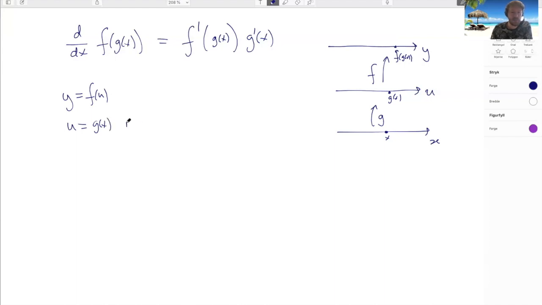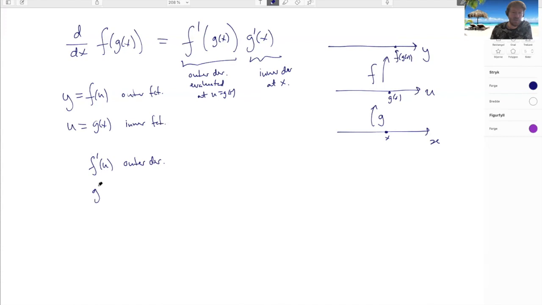So this is what I would call the inner function. This is the outer function. And likewise, this is what I call the outer derivative, evaluated at u equals g of x. And this is the inner derivative at x. So f prime of u is the outer derivative, and g prime of x is the inner derivative.